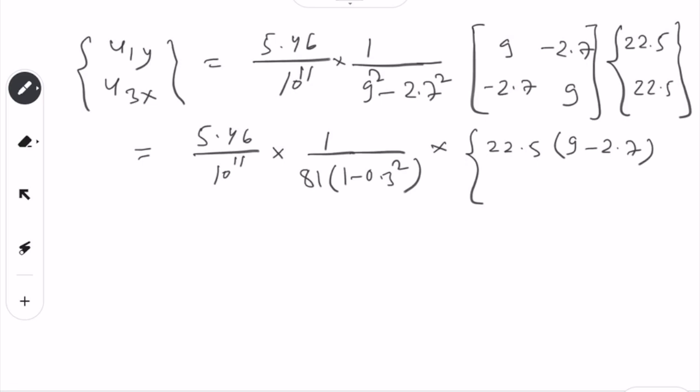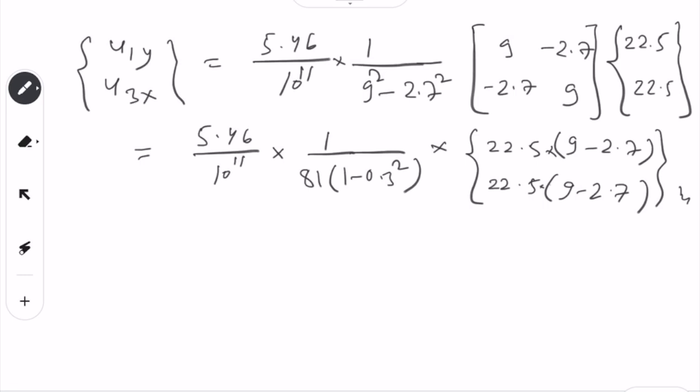So this will be also here 22.5 multiplied by 9 minus 2.7, and this will be meters. So this is what it will be.